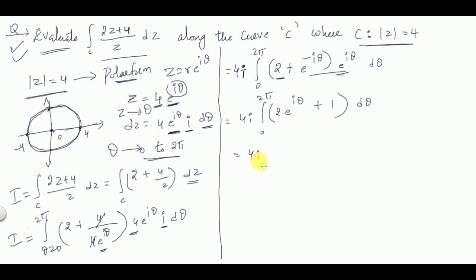So 4i into 2, and 2 is a constant, times the integral of e^(iθ) dθ. The integral of e^(iθ) dθ is e^(iθ) divided by i, with limits from 0 to 2π.